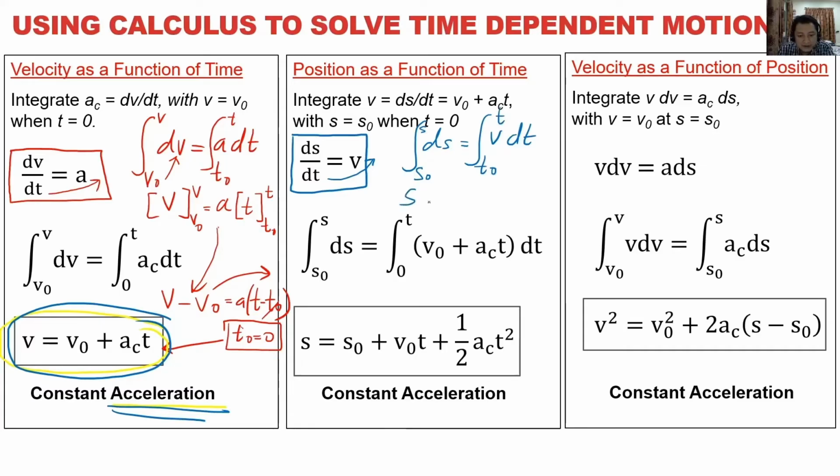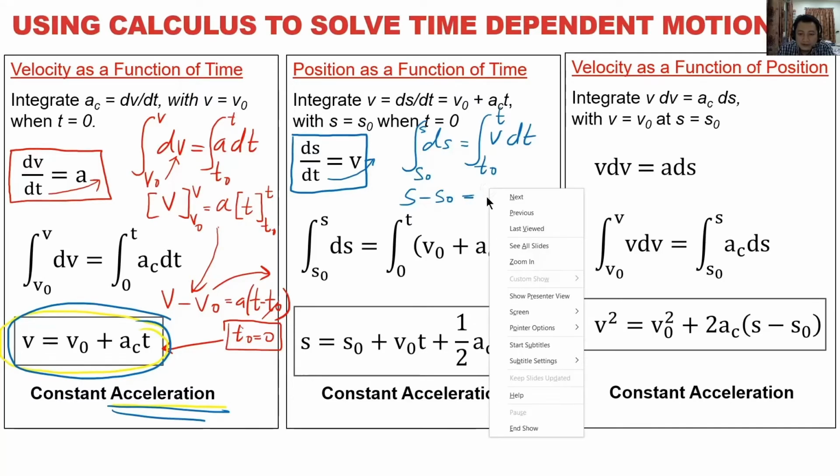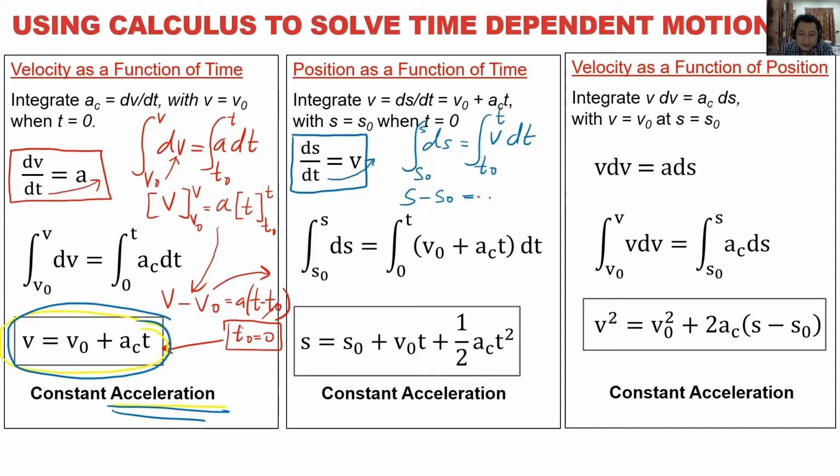If you expand it, you're going to get S minus S naught is equal to, I think we have to plug in some, plug in this one over here, v naught plus at, dt.